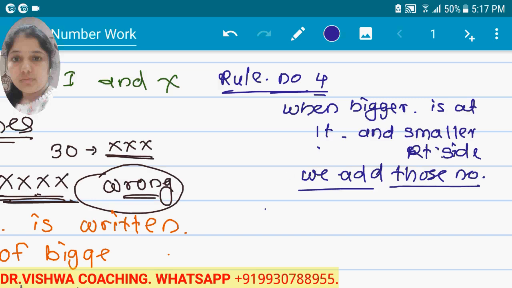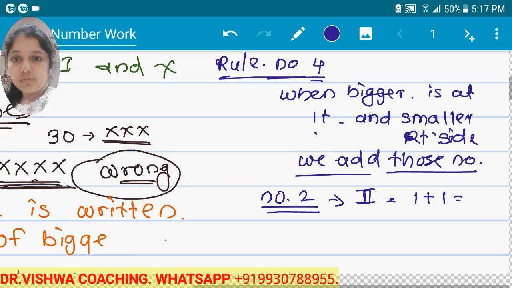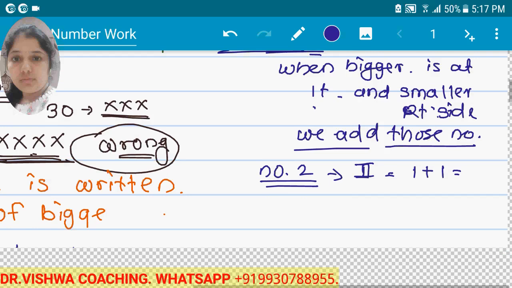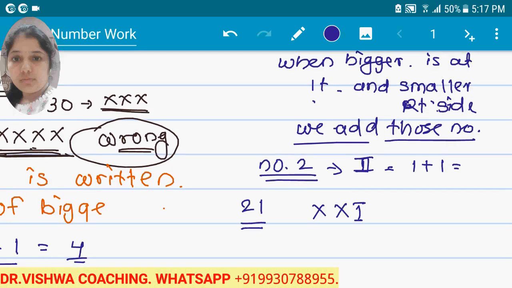For example, number 2, simple. How to write number 2? I represents 1, and 2 times I represents number 2, where we add 1 plus 1. Same way, if we have to write 21, how will you write? 2X represents 20, because we can repeat X a maximum of 3 times, and I for 1. So XXI represents number 21, where we add them all, 10 plus 10 plus 1.